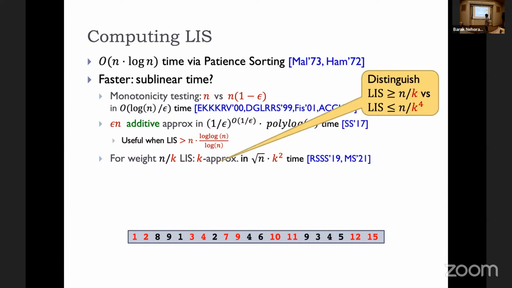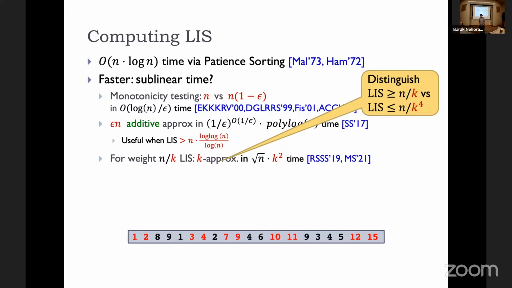Let me explain what it means to be a k approximation. This is for k cubed approximation, which is the first paper. The second one achieved k approximation, but it needs to distinguish LIS which is bigger than n divided by k versus n divided by k cubed. It doesn't mean k cubed approximation. So the approximation would be n by k versus n by k squared.